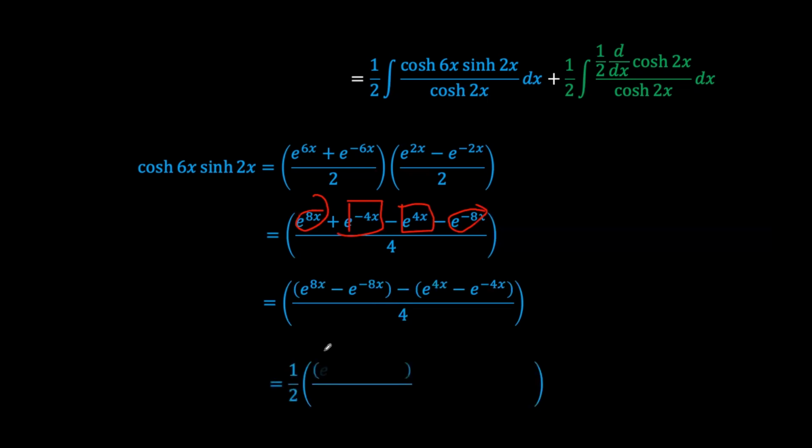So we can now separate that by pulling half out, and then each part here is divided by 2, so that we see here we have sinh 8x, and then here we have sinh 4x. So this cosh 6x sinh 2x is the same as half of (sinh 8x minus sinh 4x).